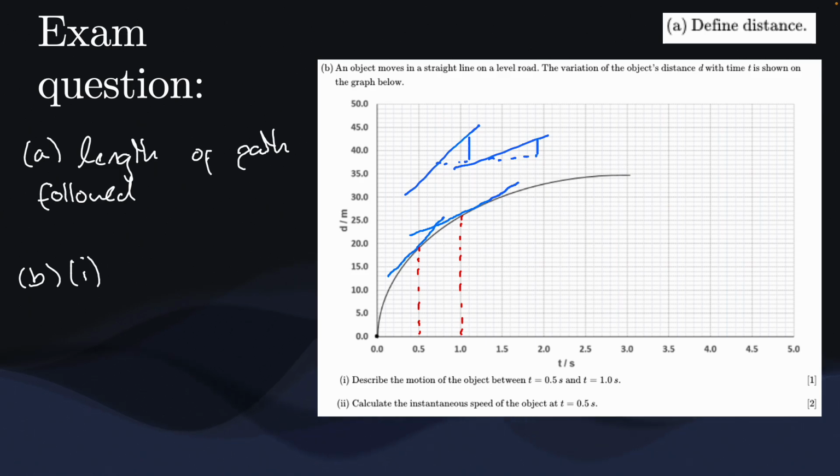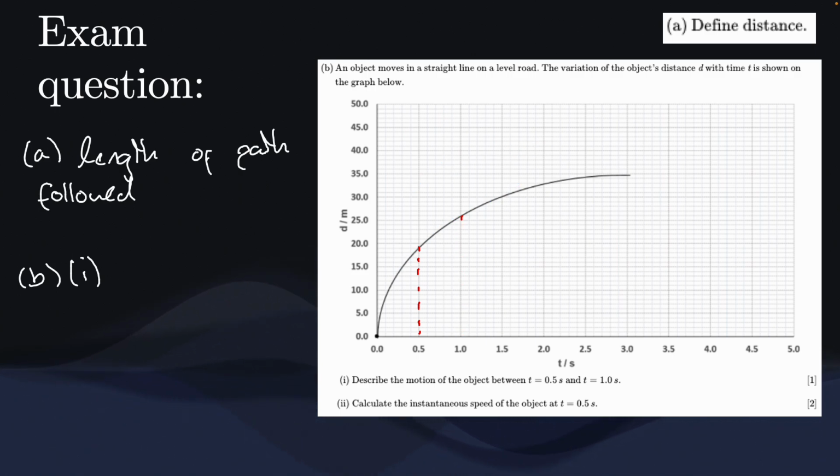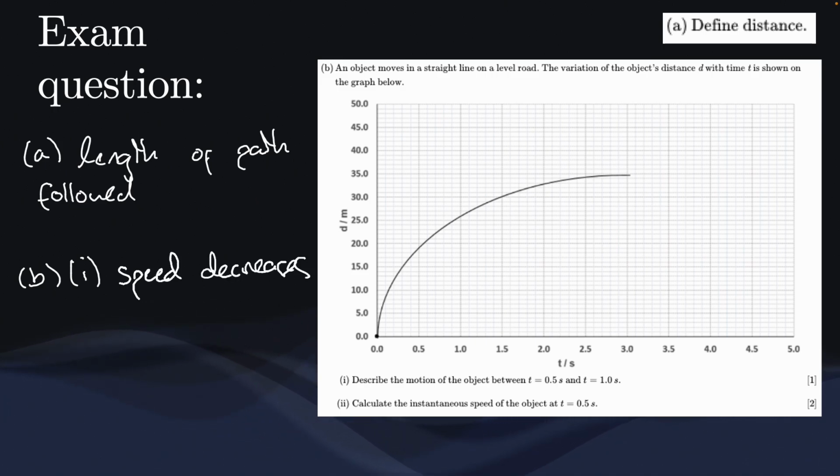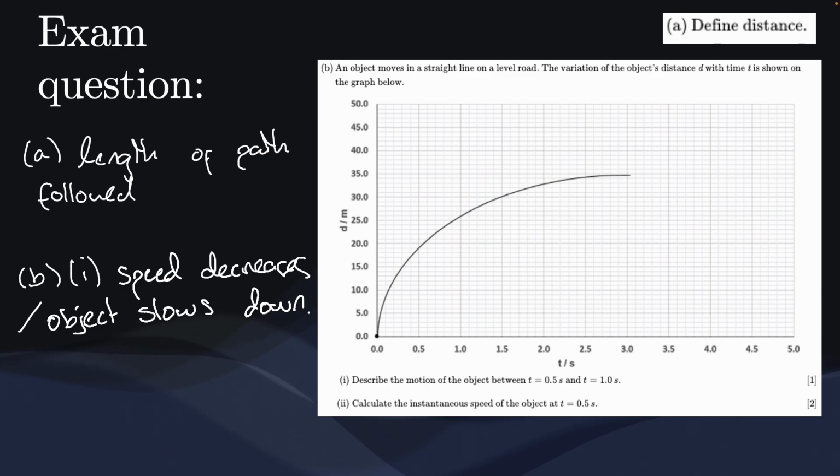And remember, because the gradient of a distance time graph gives us the speed, therefore we can say that between these 2 points the speed decreases, or the object slows down. There you go.